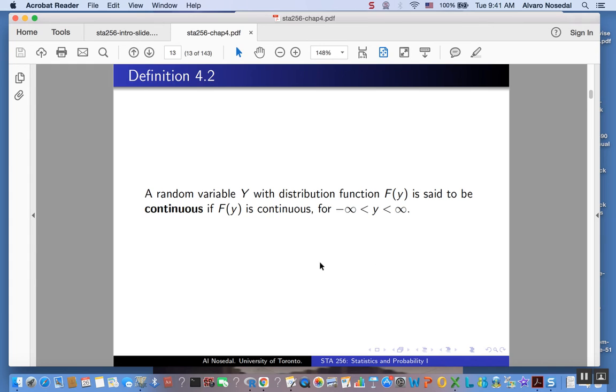We're going to say that a random variable y with CDF uppercase F is continuous if the CDF is continuous. That's the definition of a continuous random variable.